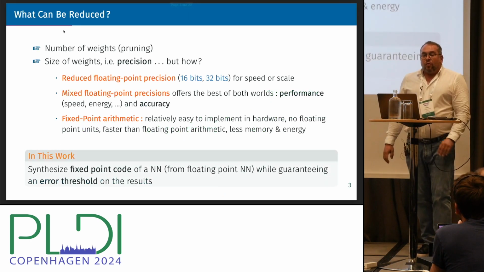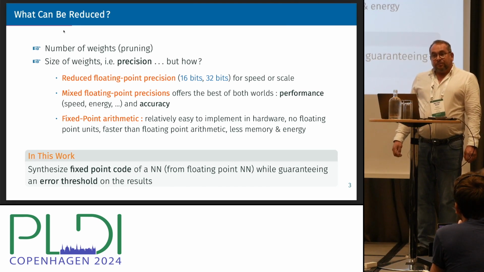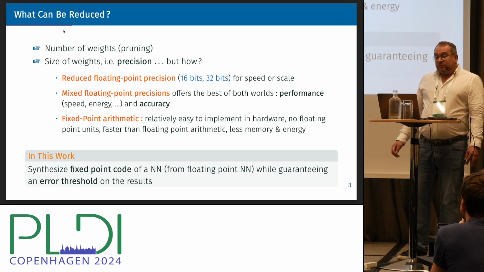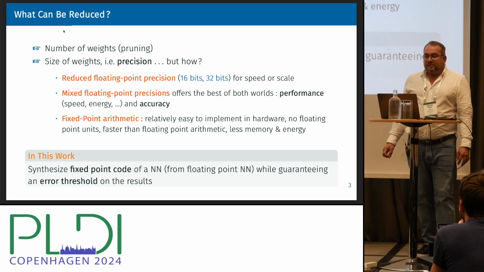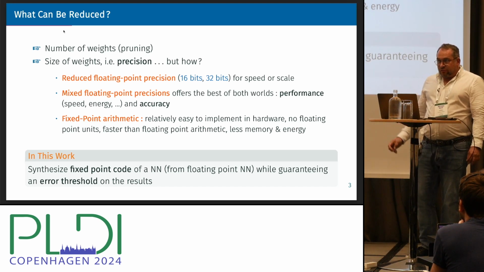So what can be reduced? First, people do pruning, that is, they remove some weights. It's a very interesting topic, but this is not what I'm going to present in this talk. The second solution is to reduce the size of the weights, that is, to play with precision. And again, there are several ways to do it.